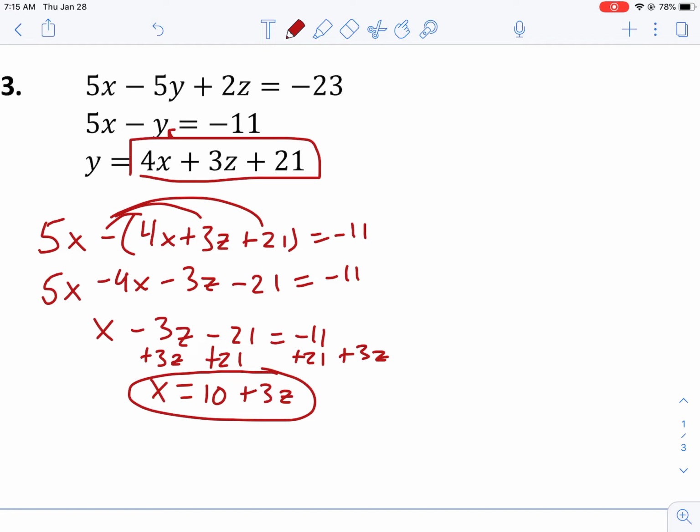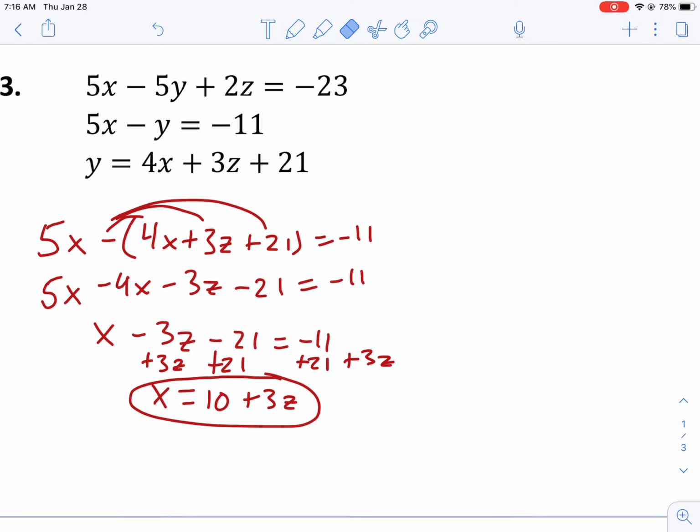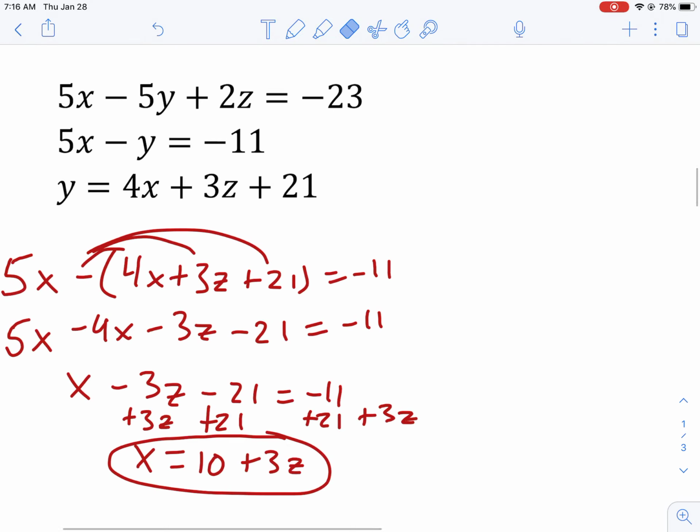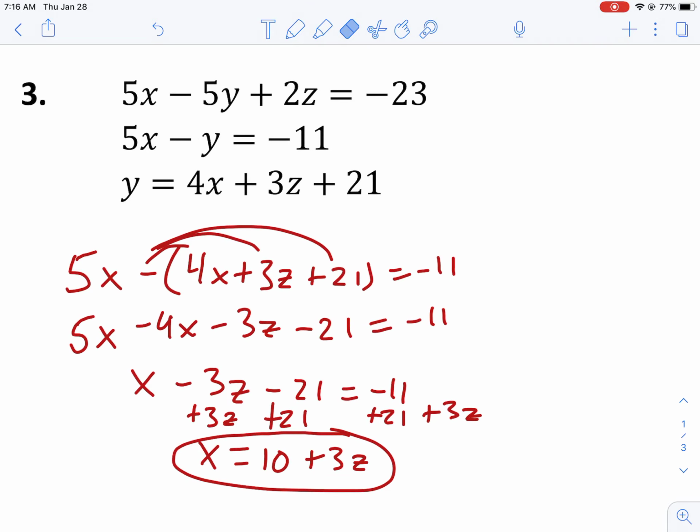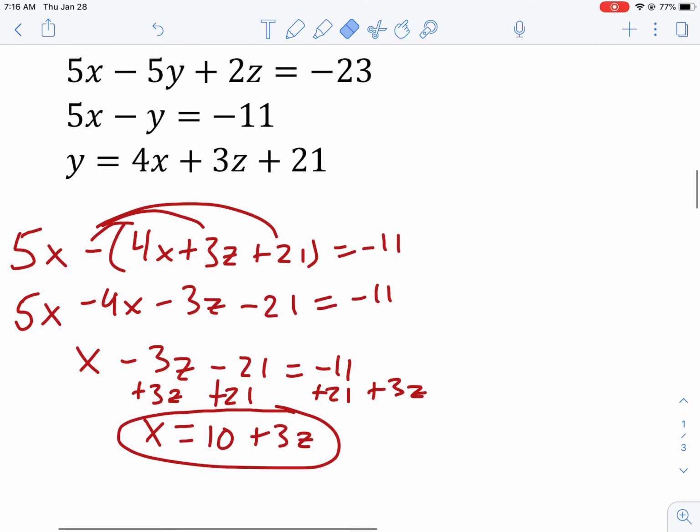Okay, but we need something else in terms of z. Should we just plug that into the top equation? It seems like we need to get z by itself in terms of x. Man, we made this question hard.